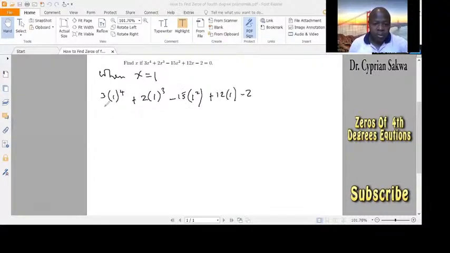You can just use a calculator. This will be 3 plus 2, which is 5, minus 15, that gives you negative 10. Negative 10 plus 12 gives you positive 2. Positive 2 minus 2 gives you 0. So yes, x equals 1 is a root to this. So we've already found one of the solutions.